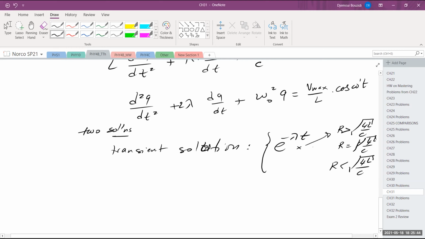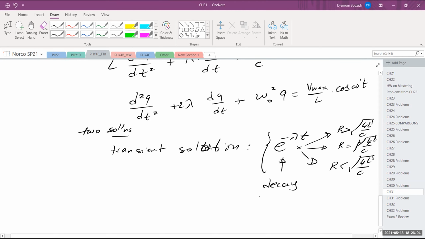In one, it's very big. In another, it's there and dominating. And in the last, it's there and ultimately it's going to win. Although there will be oscillations, ultimately it's going to kill your solution. So that's why it's transient. It's transient because of this behavior. Ultimately, it will decay.